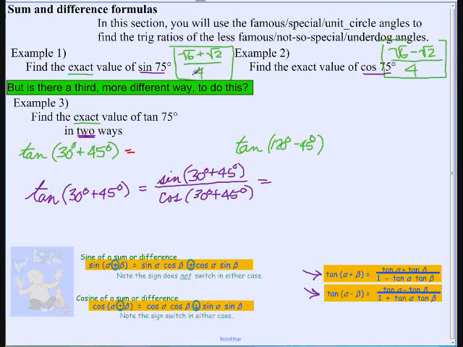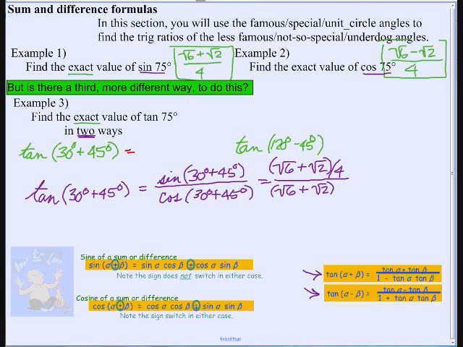I've got this one here, square root of 6 plus square root of 2 divided by 4. That's sine. And for cosine, square root of 6 minus square root of 2.